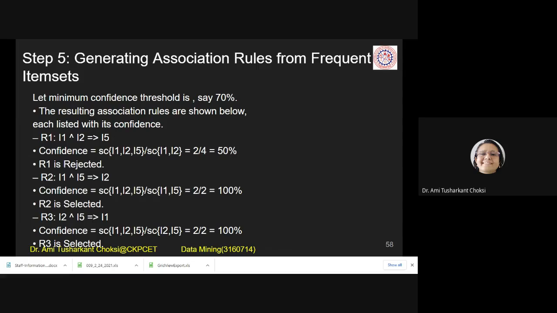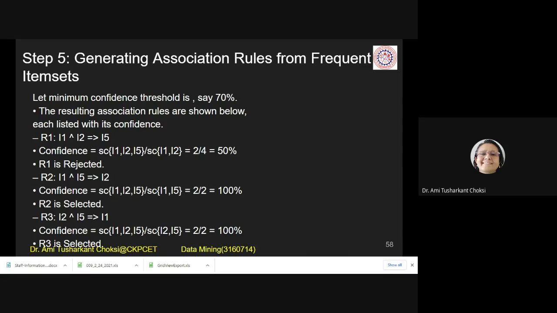We need to find the support count of I1, I2, I5 divided by the support count of I1 and I2. That is equal to 2 divided by 4. How to count that is known to us, right? That is equal to 50 percent. Now, with 50 percent, the rule is rejected.